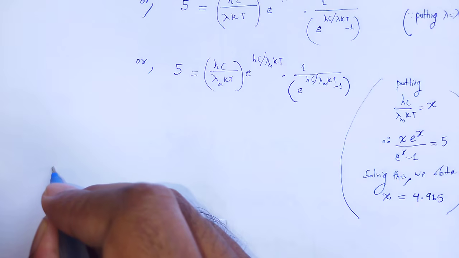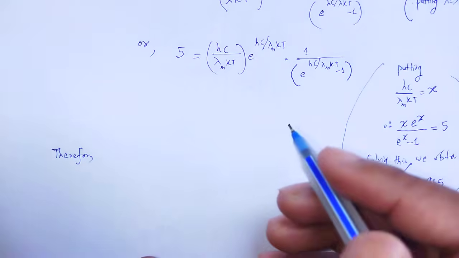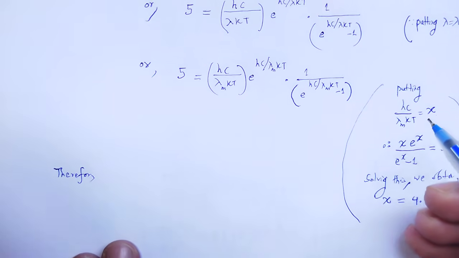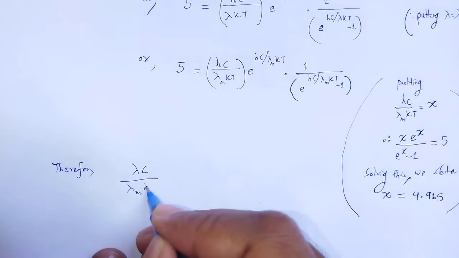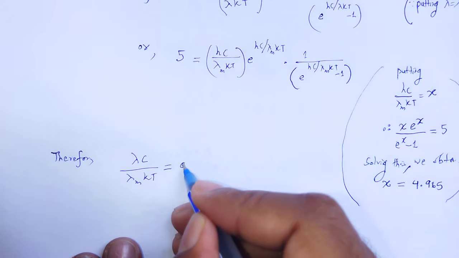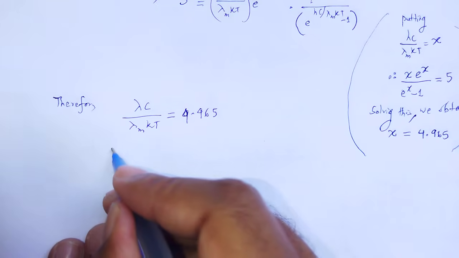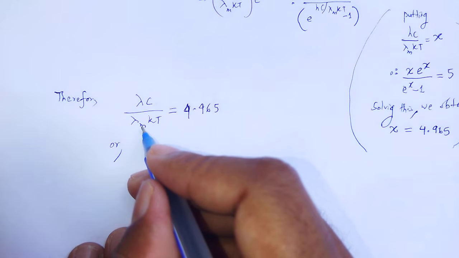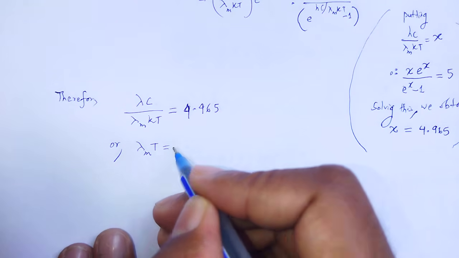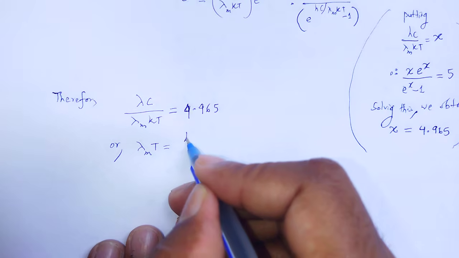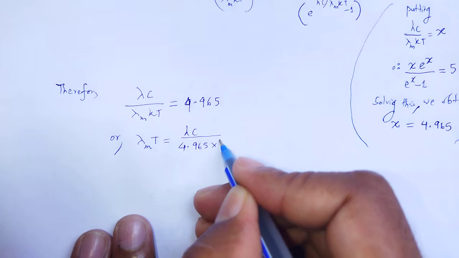Therefore, in that expression, SC divided by lambda m kt is equal to 4.965. We have to calculate the value of lambda m into T. So, lambda m into T is equal to SC divided by 4.965 into k.